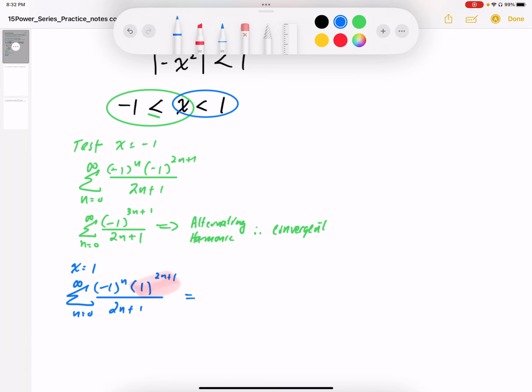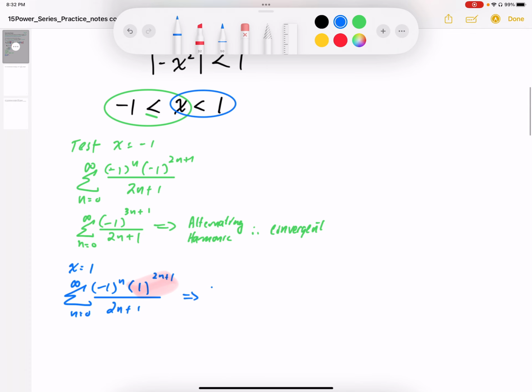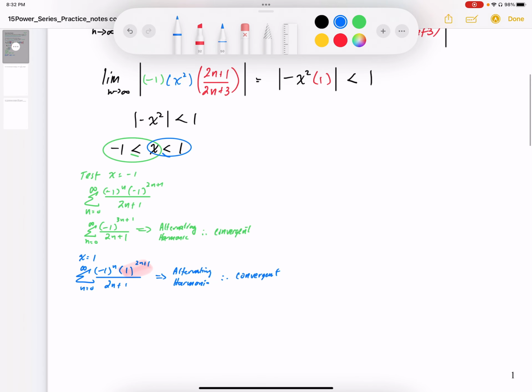So this is our alternating harmonic type. So although it's not quite a harmonic series, it's a harmonic type. We know it alternates, it goes to 0, therefore it's convergent. Okay, so then we can include that endpoint of 1, and so our interval now looks like this.